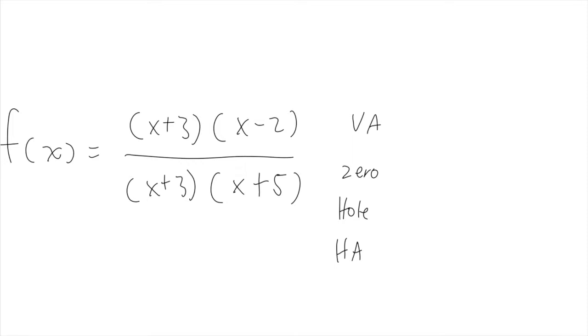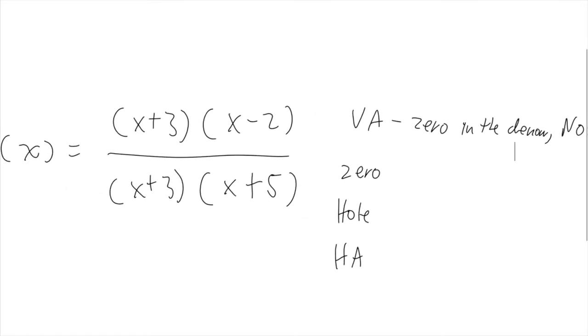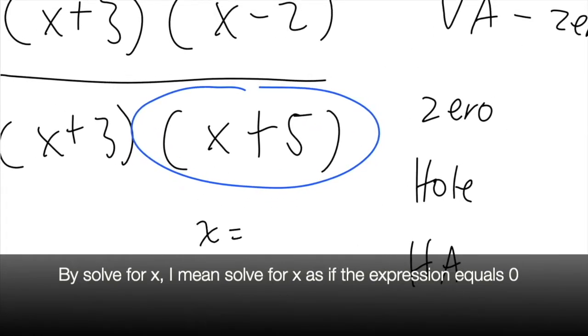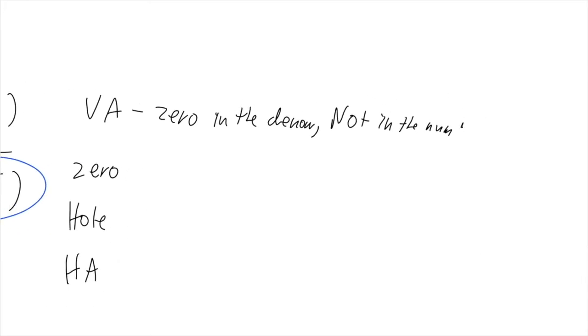A vertical asymptote occurs when there is a 0 in the denominator that is not in the numerator. For this function, that would be x plus 5. X plus 5 isn't present in the numerator, but it is present in the denominator. If we solve for x here, we get x equals negative 5. So there is a vertical asymptote for this function at x equals negative 5.